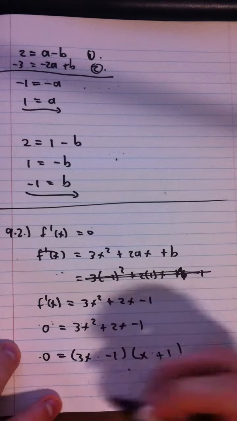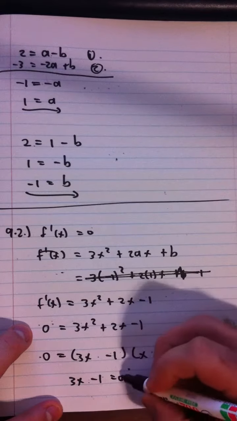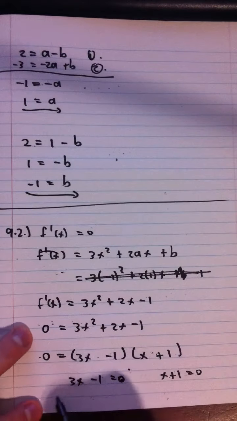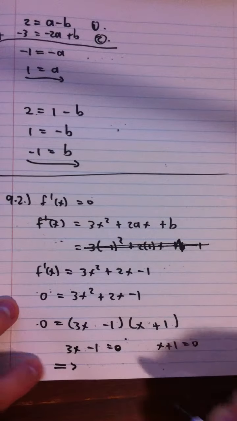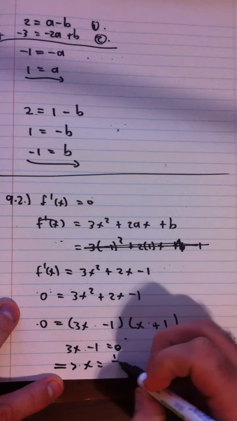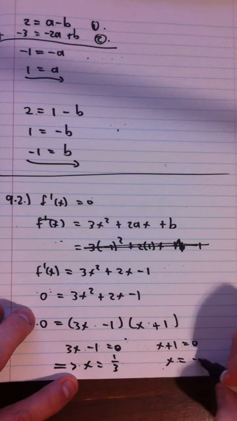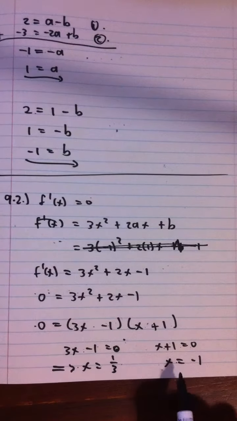Okay, so those are your values. So now we know that either 3x minus 1 equals 0 or x plus 1 equals 0. And this implies that x equals 1 over 3 if you solve for x, and this one that x equals negative 1.